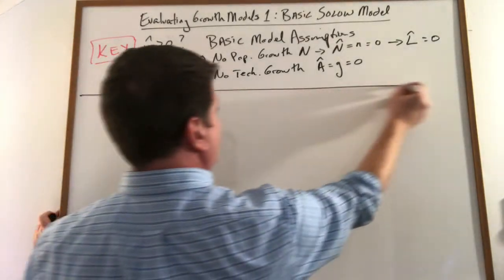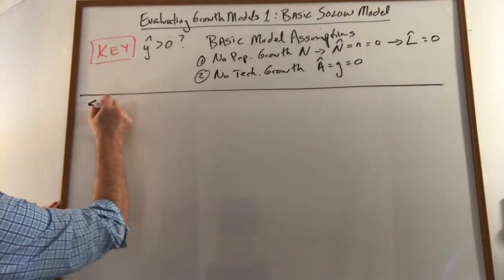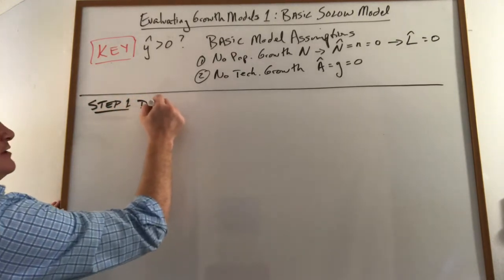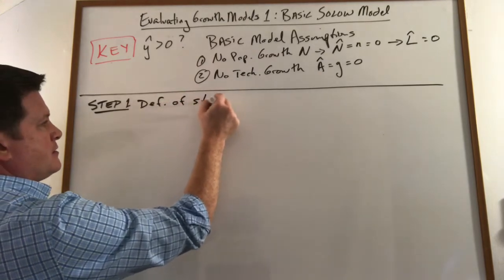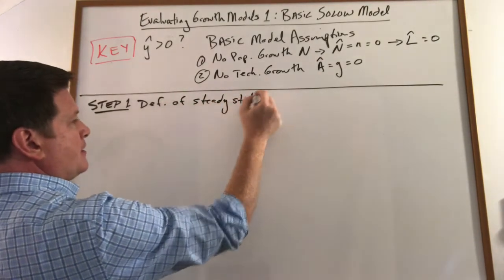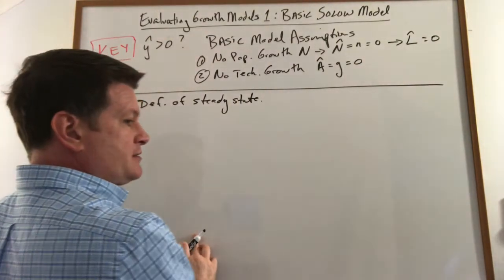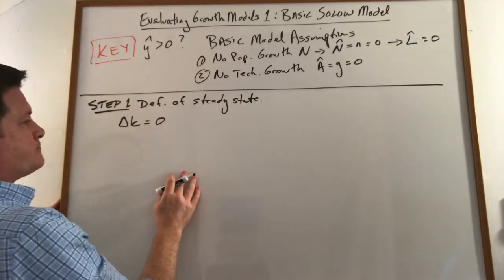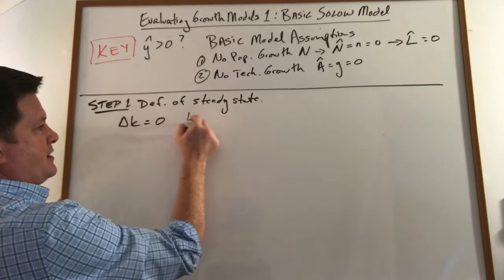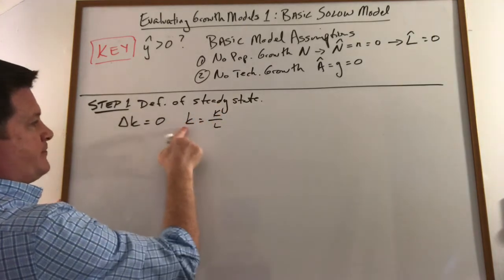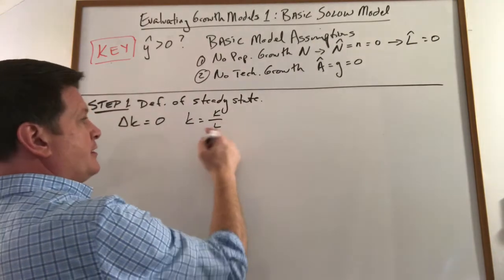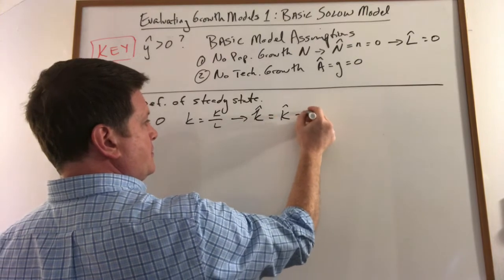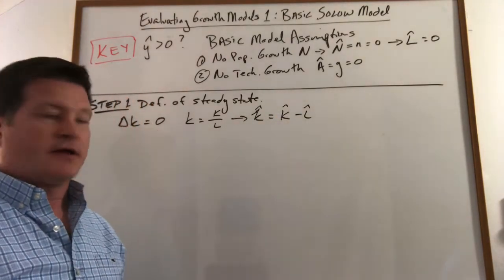So there are a couple of steps in evaluating it. Step 1 is going to be to use the definition of steady state. The definition of steady state in these models is that the change in K is 0. That means the definition of little k, which is capital stock per worker, when we convert it to hats into growth rates, we gets this.